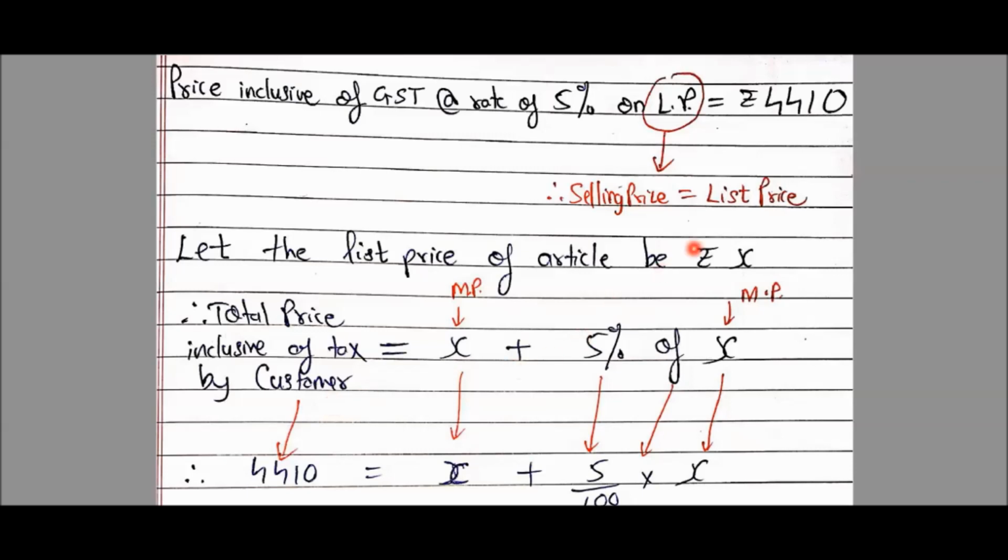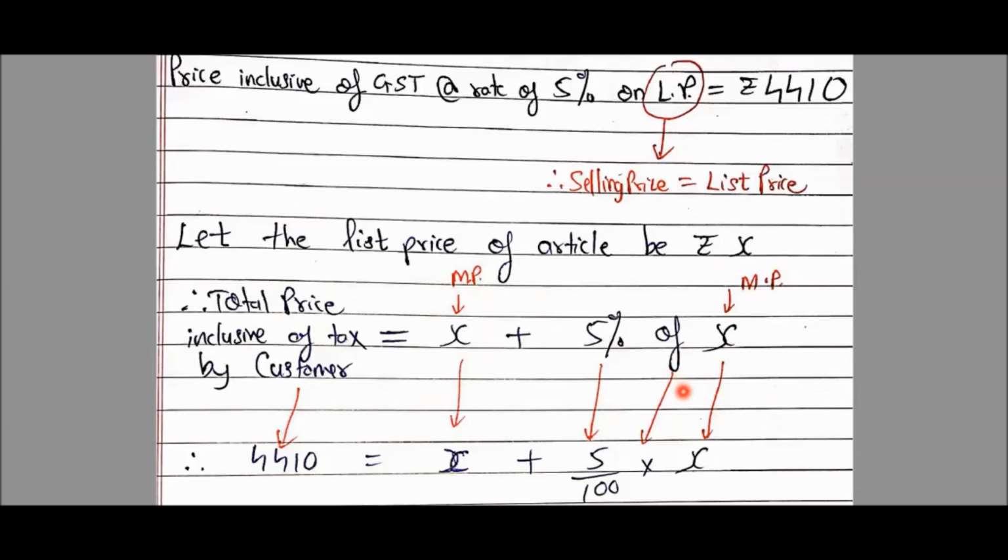But in our case, as we know, selling price is nothing but the list price, and we have supposed it as X. So in place of selling price, X plus the tax will come. How do we calculate tax? Tax is the rate of tax multiplied by the selling price of the shopkeeper. Here the rate is given as 5%. So 5% of selling price, which is X in our case, the marked price or list price. Great. Now please see on the screen.